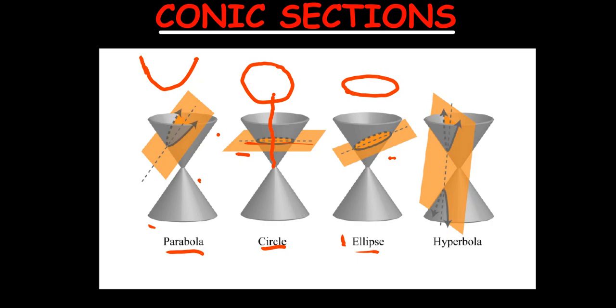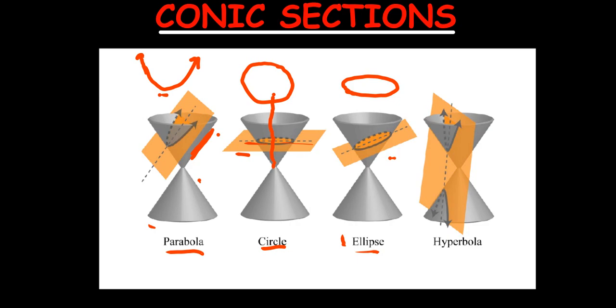It looks something like this. This is a parabola. This parabola is formed when the plane cuts the cone in such a way that the line where the plane cuts is parallel with the side of the cone. If it cuts in that way, it will form this shape called a parabola.